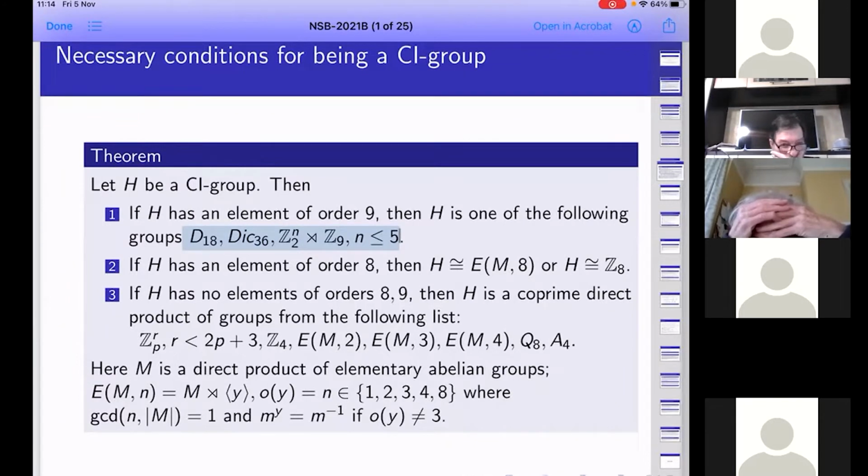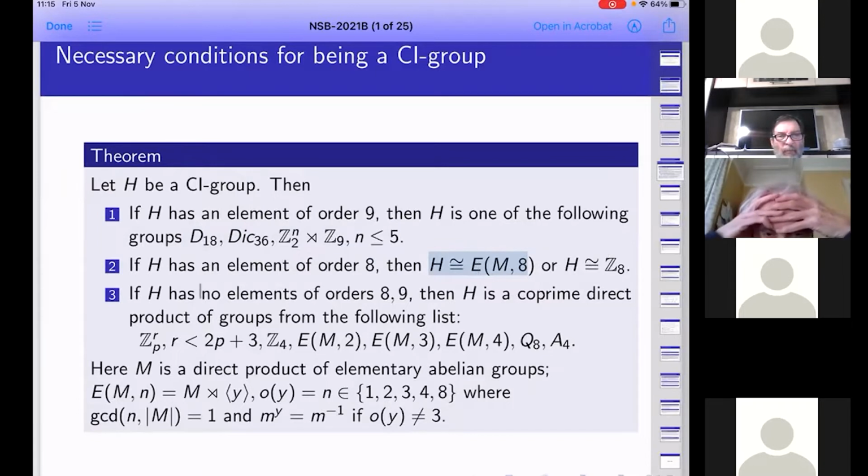There are only 7 groups here, as you can see. Now, if the group H has an element of order 8, then the group should be isomorphic to this one, or Z8, but actually Z8 is a particular case of the group EM8, and I will define this group a little bit later.